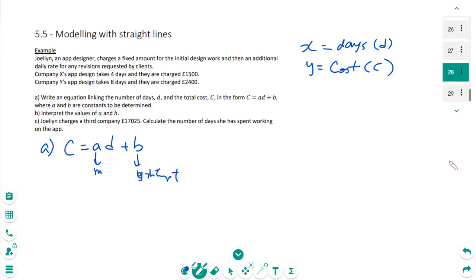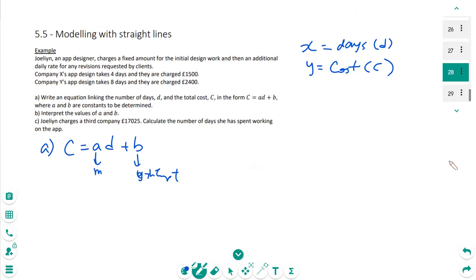There are two ways you can do this. The first way is you can change the information from the question to coordinates and work with a gradient that way. Here I'm going to show you a more advanced way of doing things, which is to substitute in.